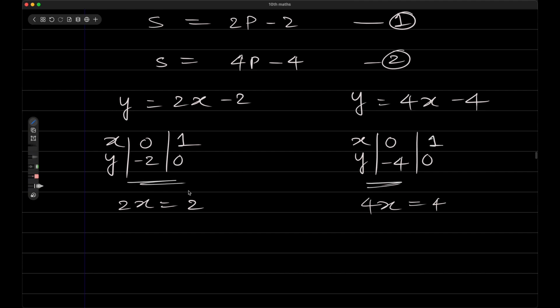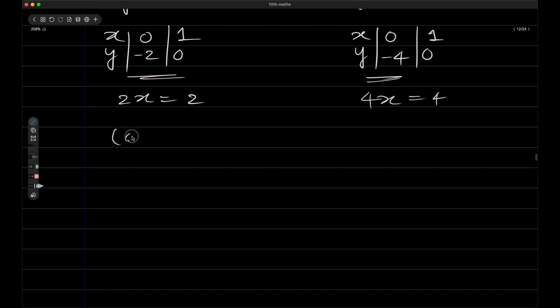We got 2 points for each line: for the first, x equals 0, y equals minus 2, and x equals 1, y equals 0. For the second, x equals 0, y equals minus 4, and x equals 1, y equals 0.